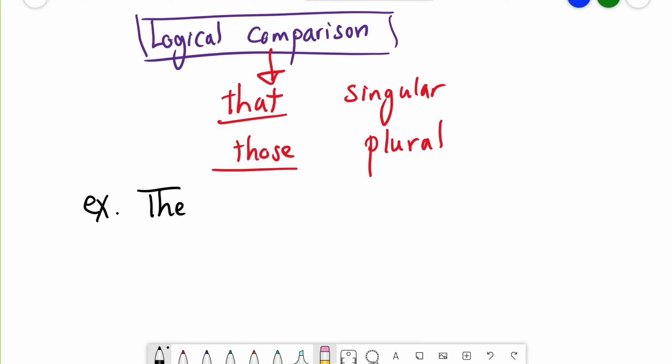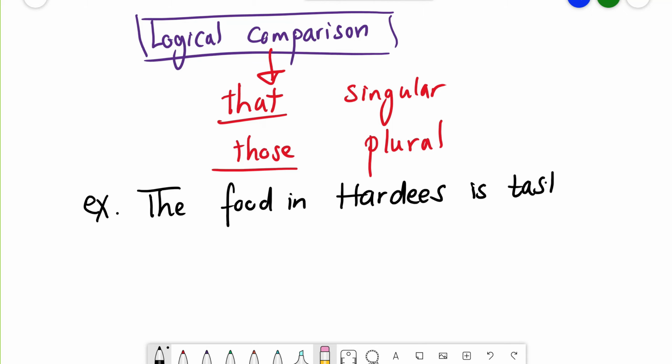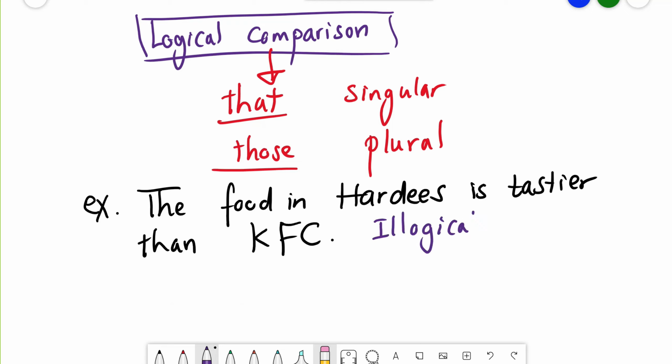When we said the food in Hardee's is tastier than KFC. And we said this is, of course, what do we call this one? Illogical comparison. Why, teacher, is it illogical comparison?